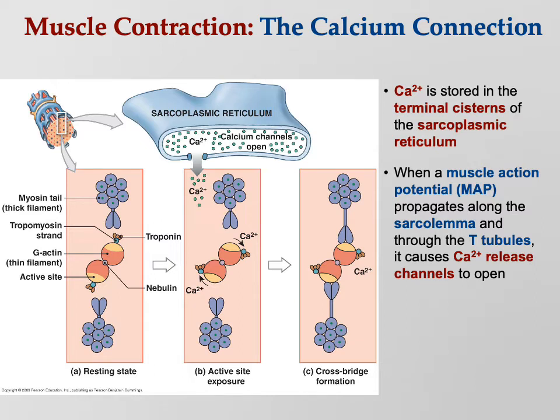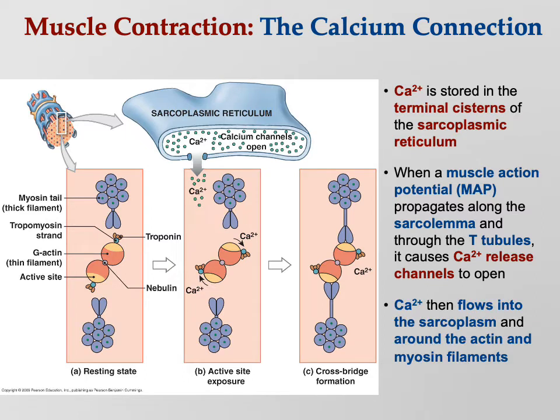It's the muscle action potential that traveled down the T-tubules, ran alongside the terminal cisterns of the sarcoplasmic reticulum, opened the little garage door, and now calcium comes out. Calcium then flows all through the sarcoplasm, all around the actin and myosin filaments, and it starts moving that troponin tropomyosin out of the way, and now that myosin head can go ahead and grab that actin molecule on the thin filament.